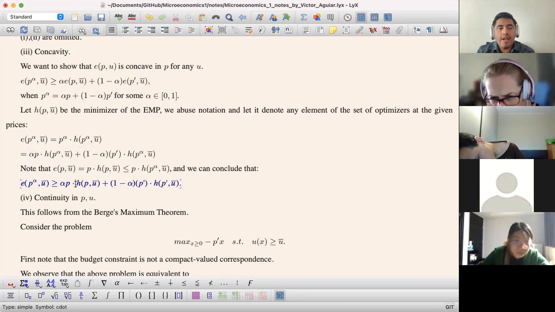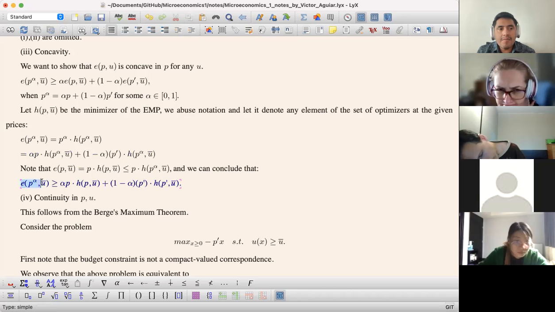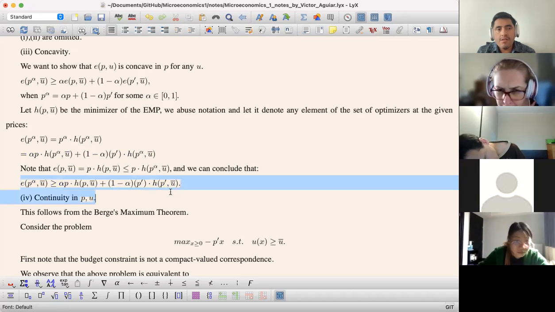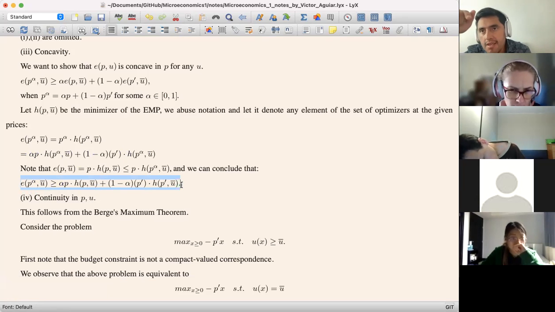So this is, of course, element by element below each of these elements of the summation. That means that this term here is weakly above the convex combination of the expenditure at P and at P prime. That's showing concavity. Do you understand?